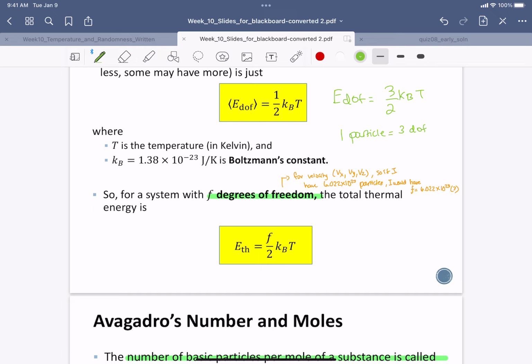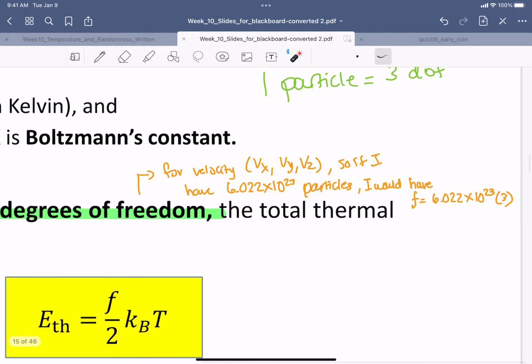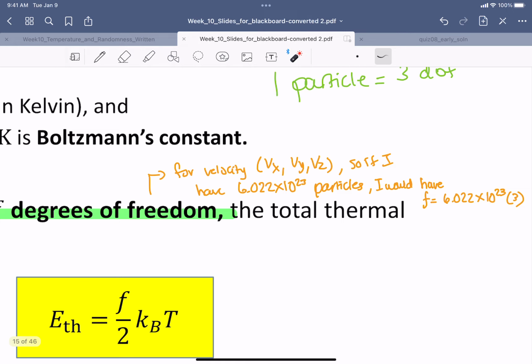Three million, yeah, exactly. If each molecule of an ideal gas has 3 degrees of freedom, and I have 1 million molecules, there's a total of 3 million degrees of freedom. So this is another important concept: I have 3 degrees of freedom here, Vx, Vy, Vz.